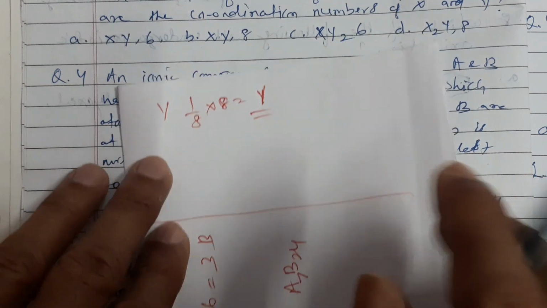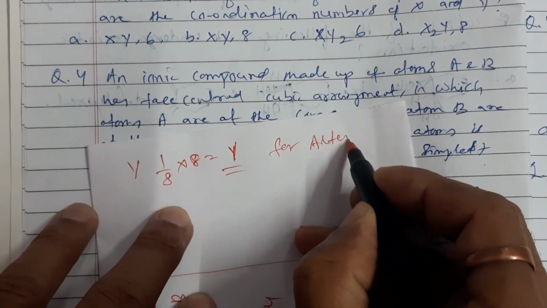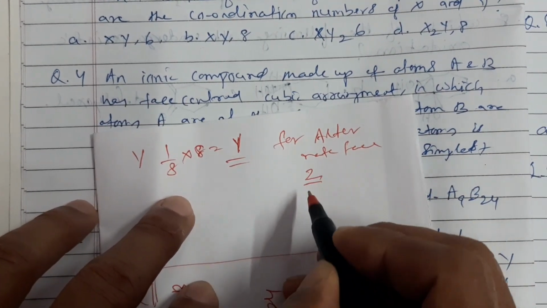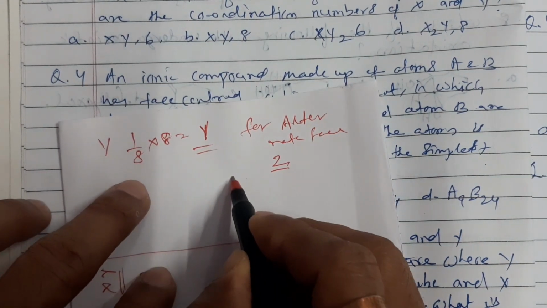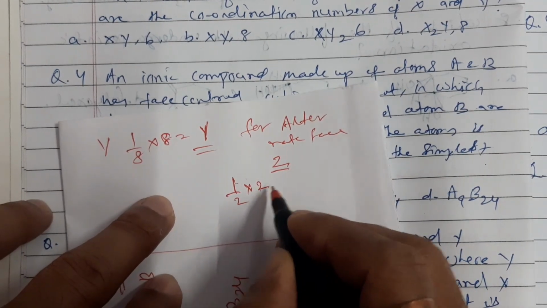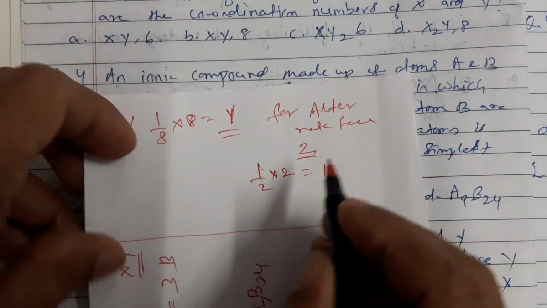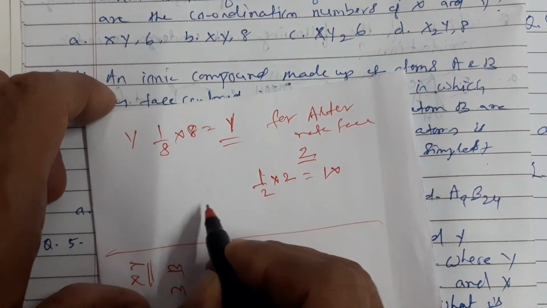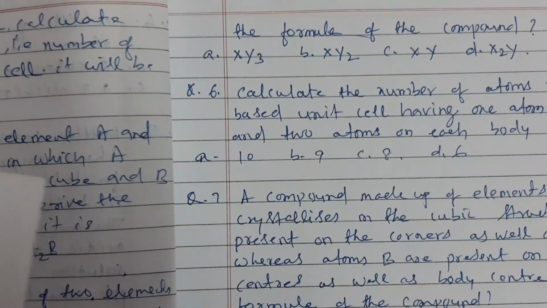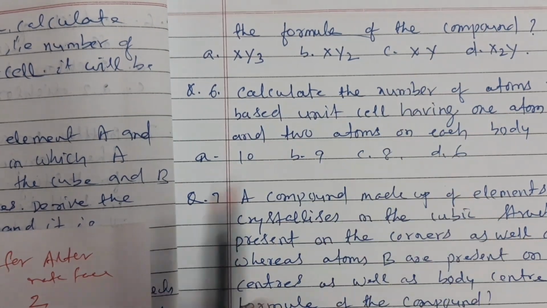For alternate faces you will get only 2. For face-centered it is half, multiplied by 2 alternate faces, so you will get 1. So X is X. Again the answer is XY. So choice C is the correct answer.